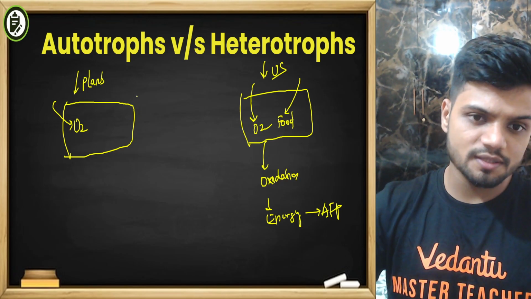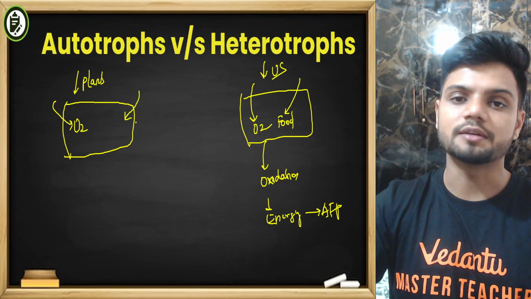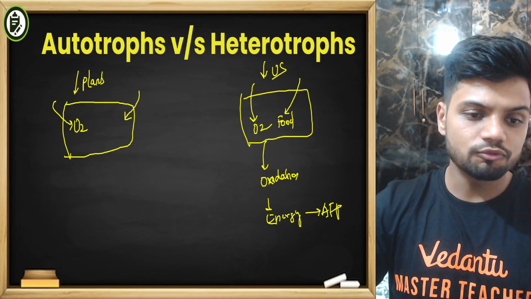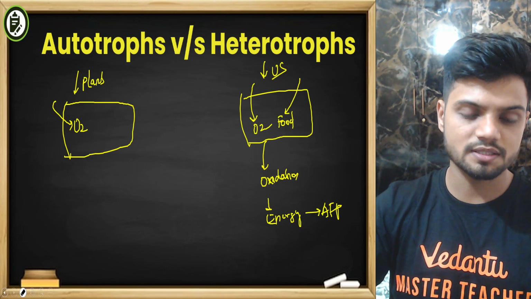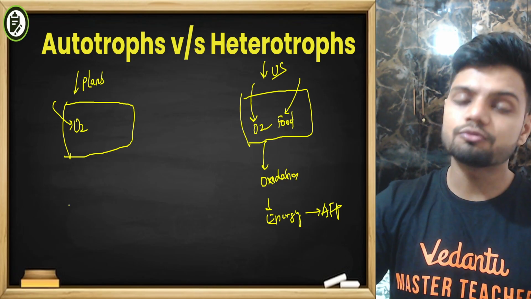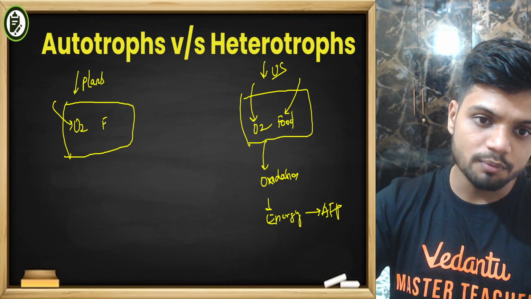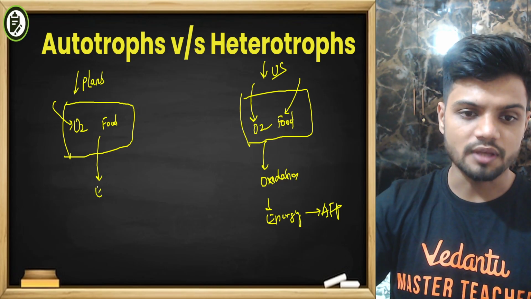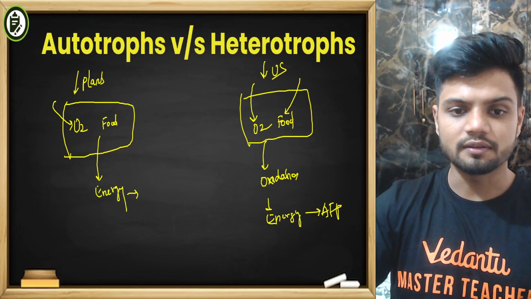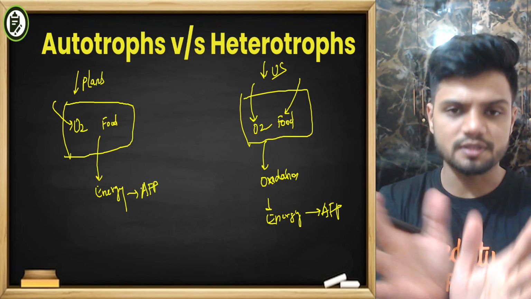But the food is not coming from the outside, especially for the green leaf, the green parts. The food is prepared inside directly, and this food is oxidized to produce energy, and that energy is stored in the form of ATP. Simple difference.